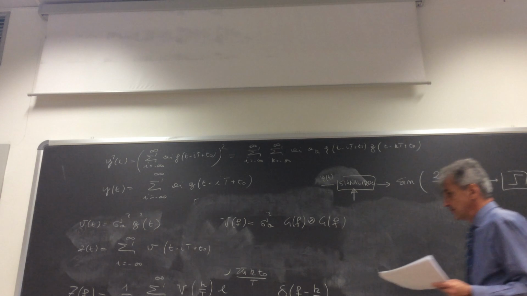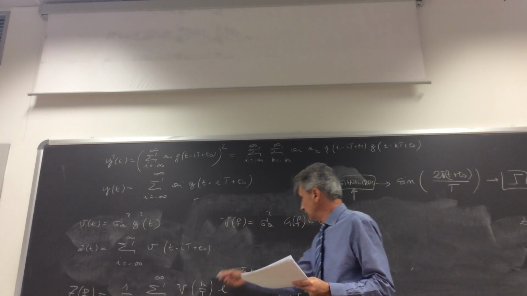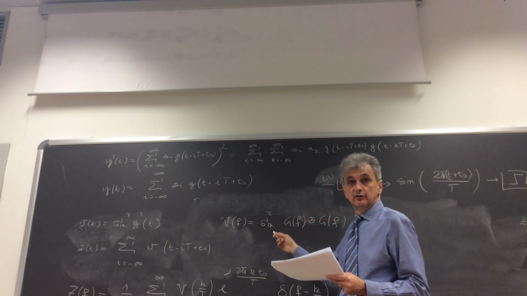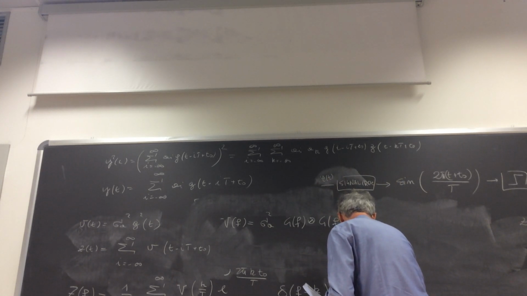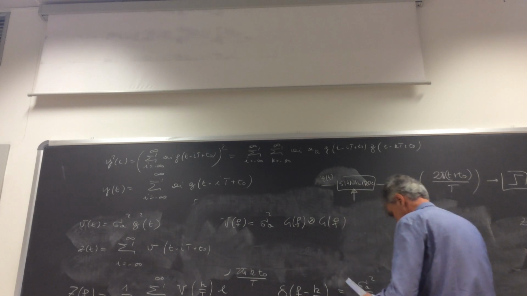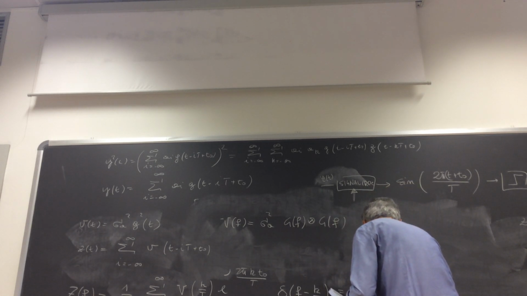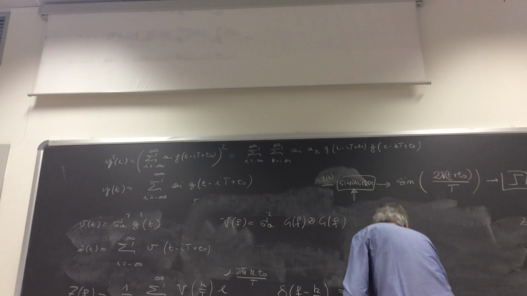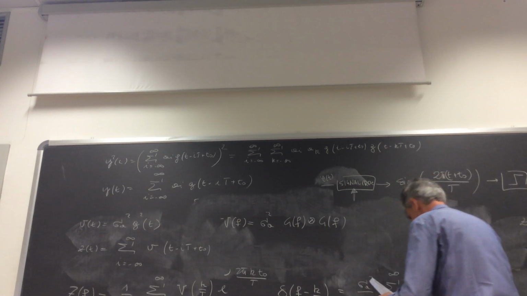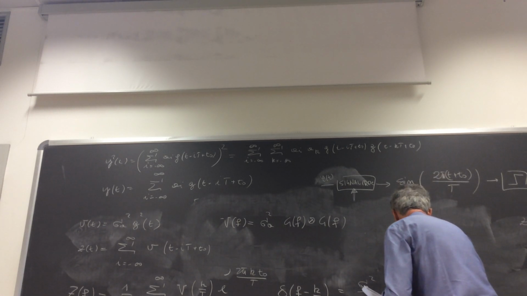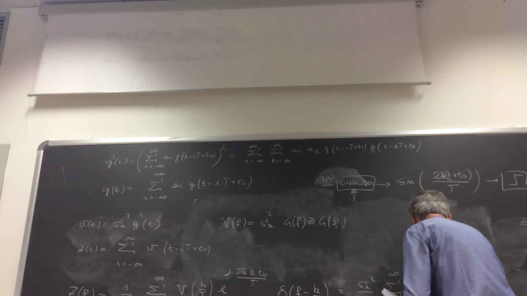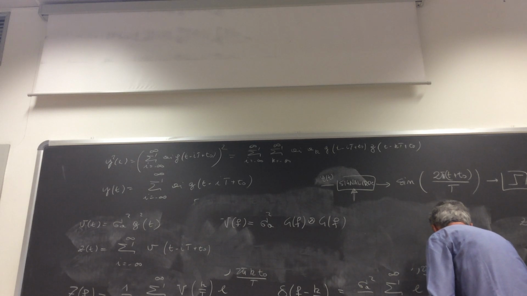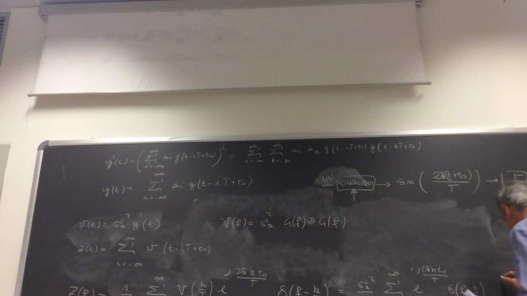Now in place of V, we substitute the convolution, and so we get sigma a to the square divided by capital T, the sum for k that goes from minus infinity to plus infinity, the complex exponential e to the minus j 2 pi k t0 over capital T, the Dirac delta, and the convolution.